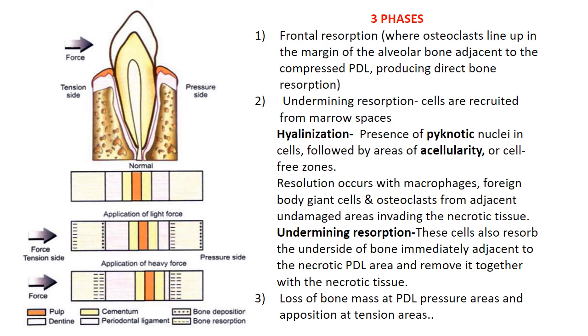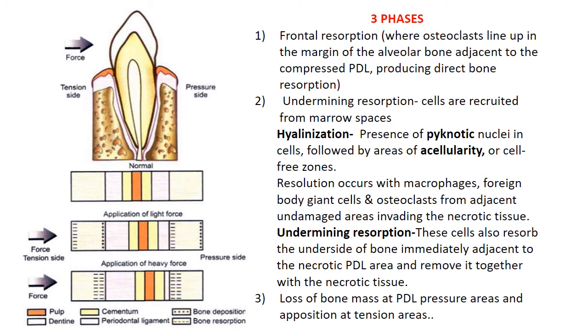So then there has to be a cell-free zone which is formed, because everything is going to get occluded there. You can also see histologically pyknotic nuclei or acellularity. But then this kind of acellular mass is going to hamper the tooth movement. It's going to stop the tooth movement.